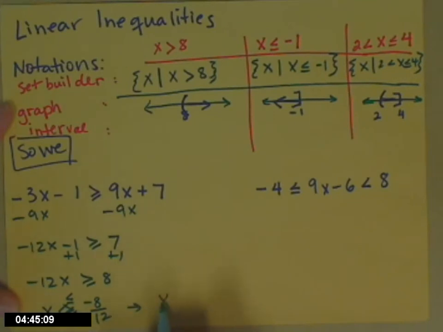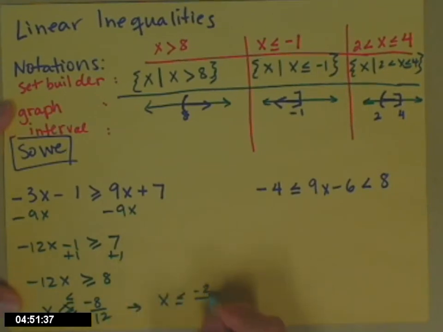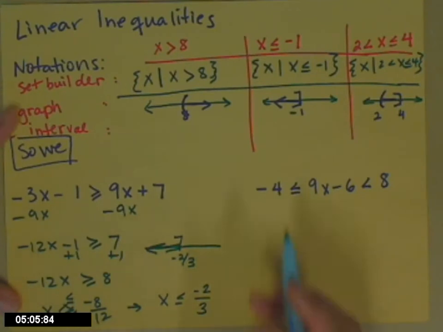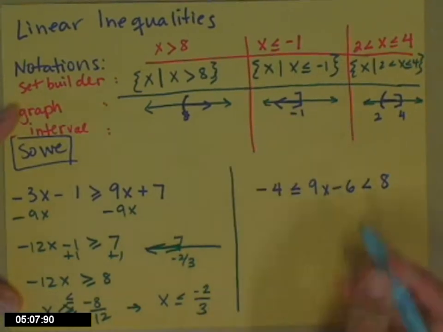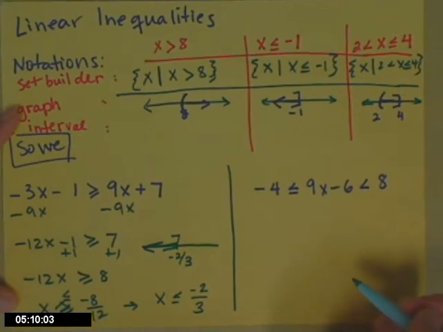So I want all the x's less than or equal to negative, let's see, we take the 4's out, 2/3. So if I wanted to graph that, find -2/3 on your number line. I want the x's less than that, and I want -2/3 included. There's a graph.